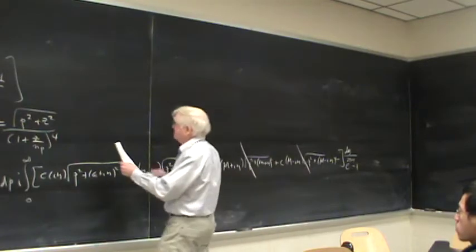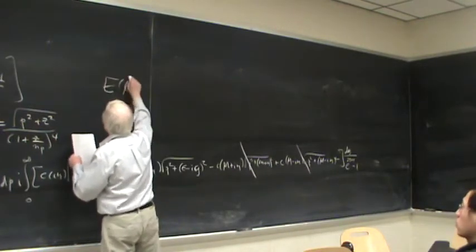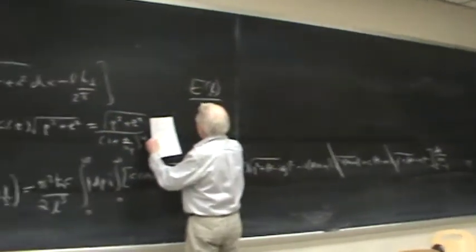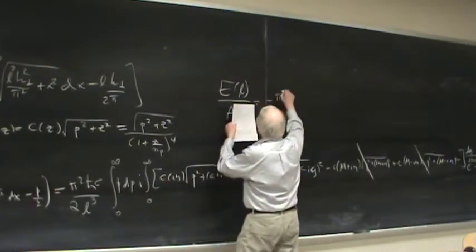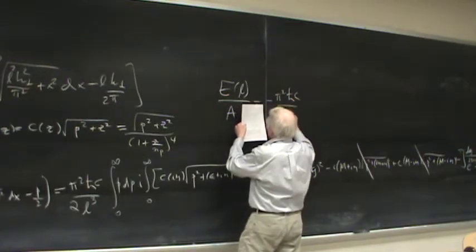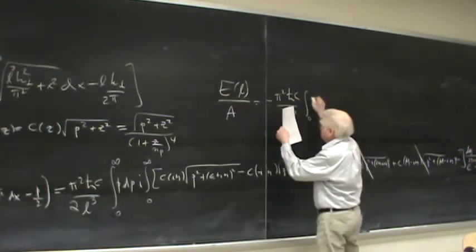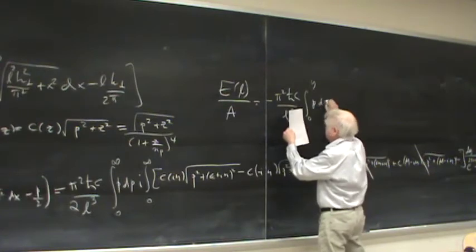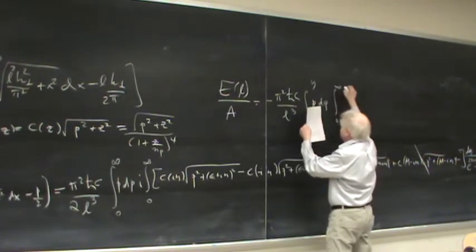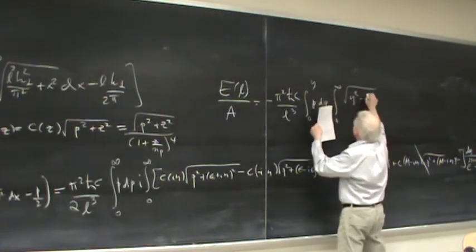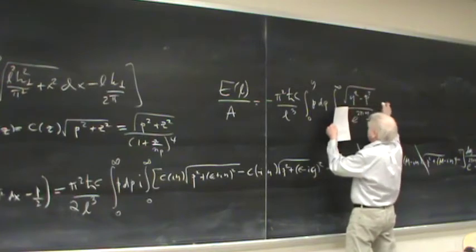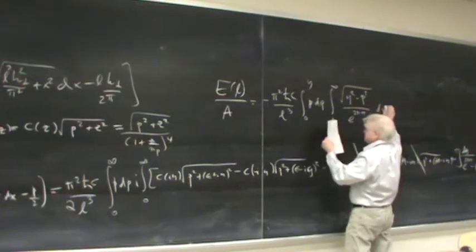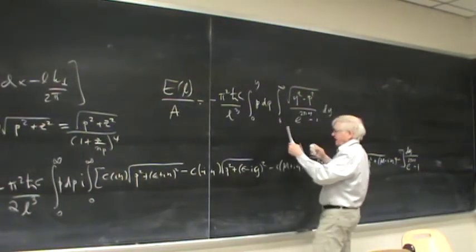If you do the arithmetic, what you find out is, and the details are online here, you get minus pi squared h bar c over L cubed, integral 0 to y, p dp, integral 0 to infinity, square root of y squared minus p squared over e to the 2 pi y minus 1 dy.